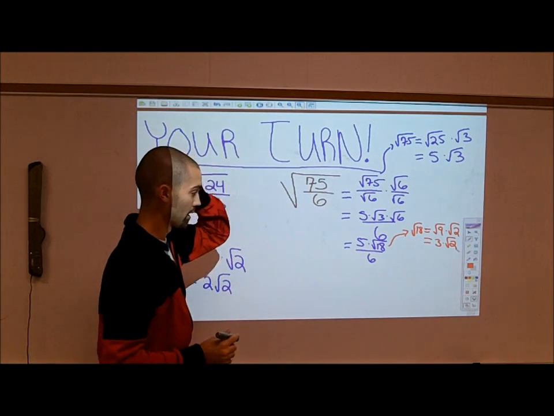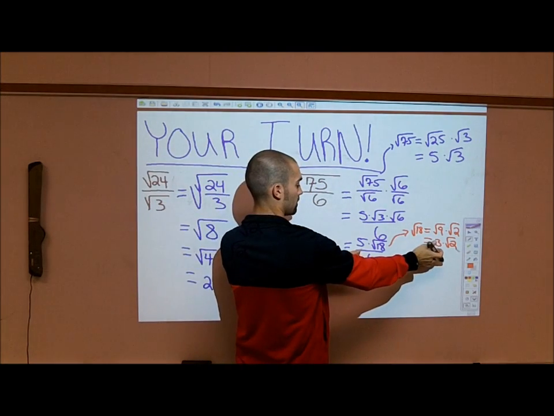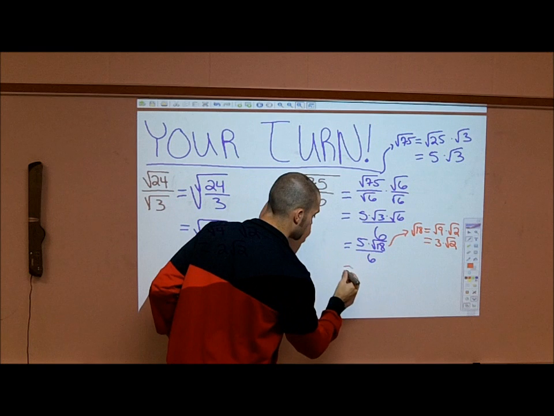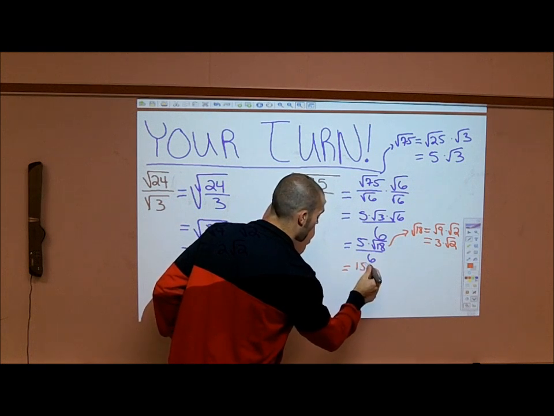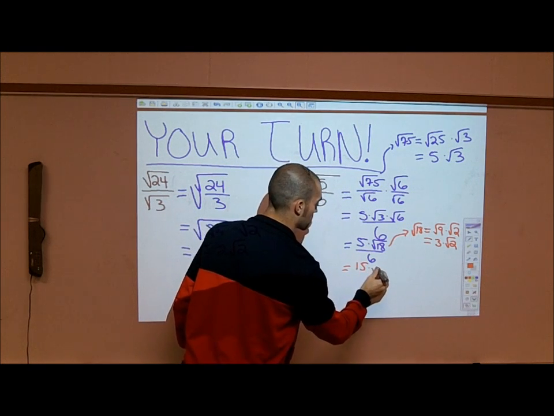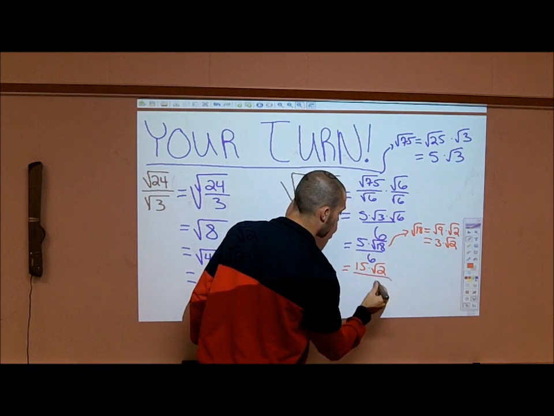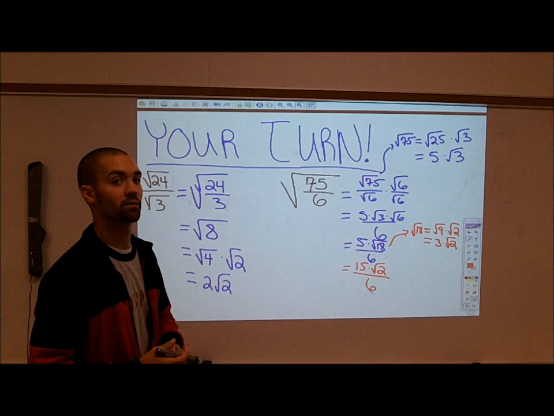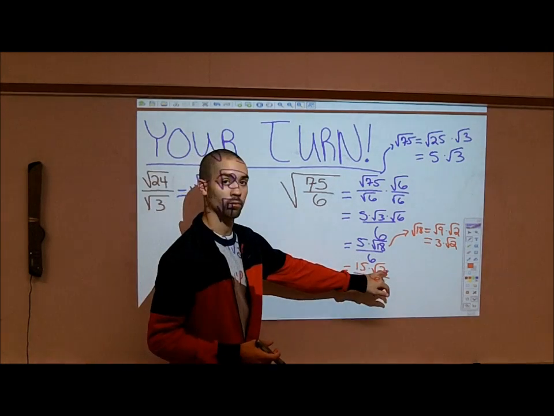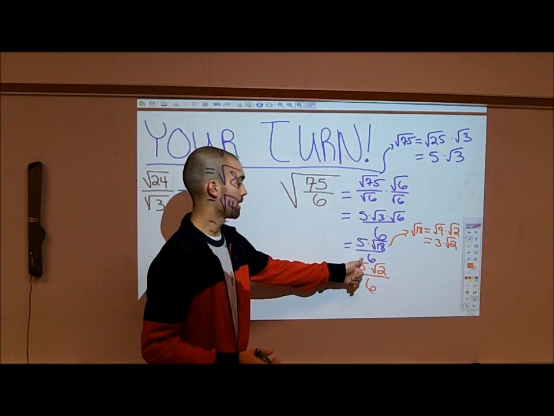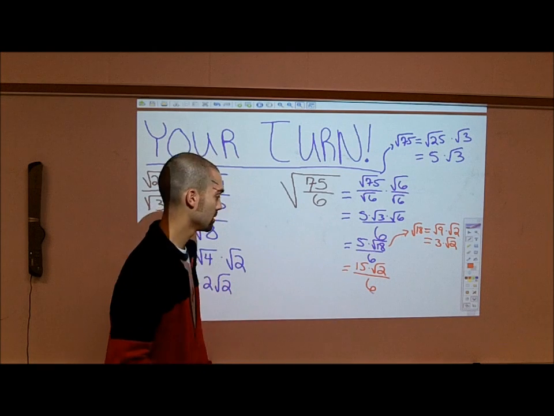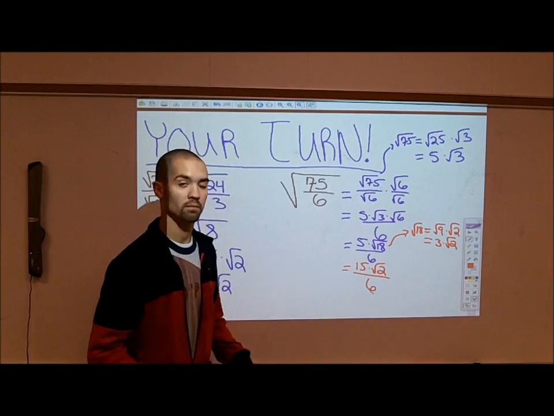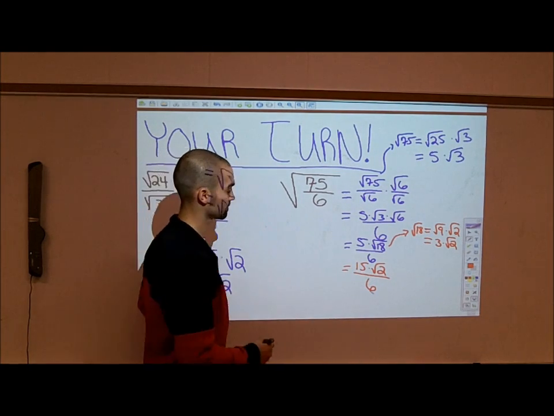Okay? So I know I can combine my outside numbers together. 5 times 3 is 15 times the square root of 2 over 6. We're so close to our final answer. The last thing we want to look at, I know I can't simplify the radical, but can I simplify the fraction of the outside numbers? 15 and 6 both have the number 3 in common.